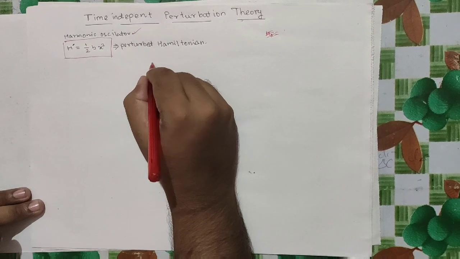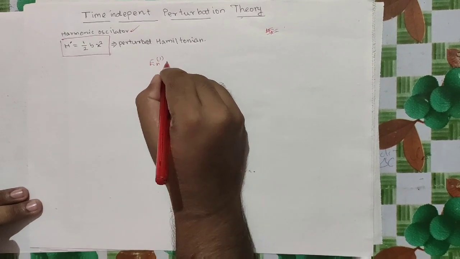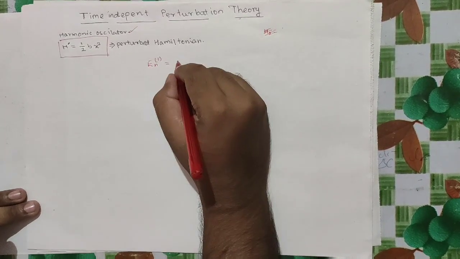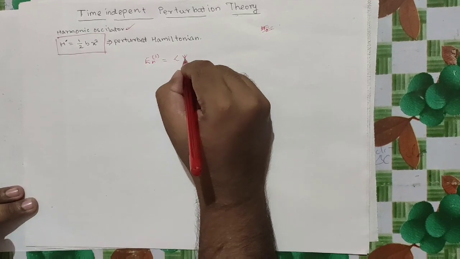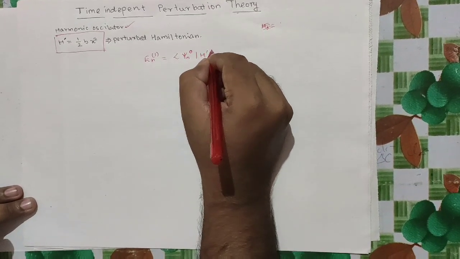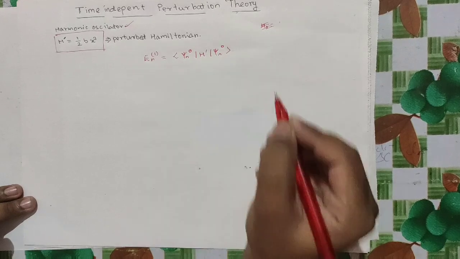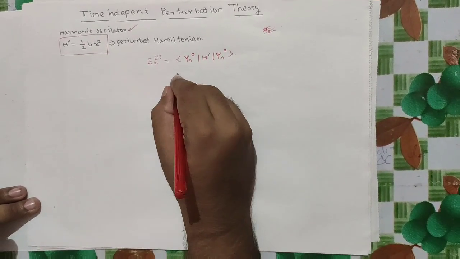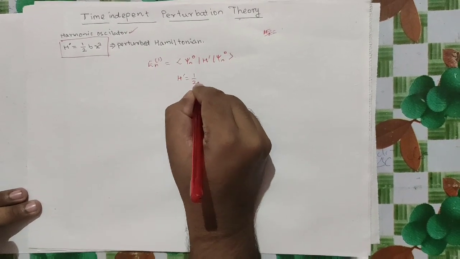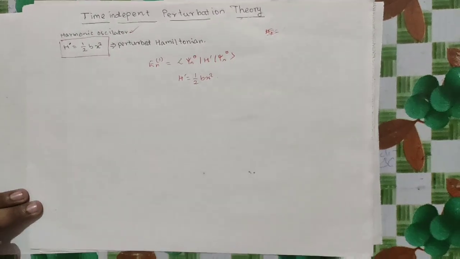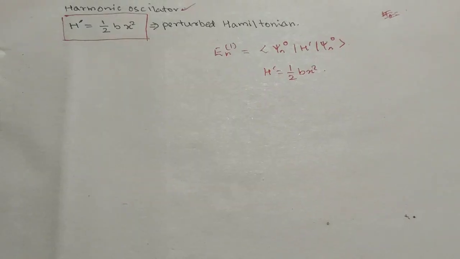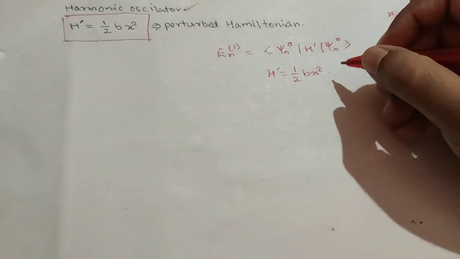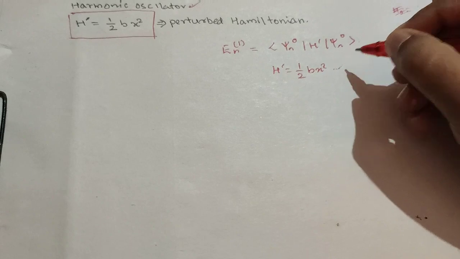We need to find En1, the first order correction, which is equal to psi n0 H dash psi n0. This H dash is given, which is half b x square. So our perturbed Hamiltonian is half b x square.